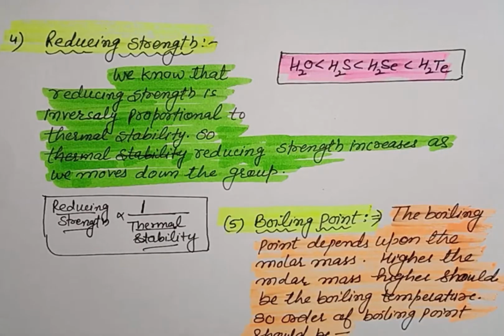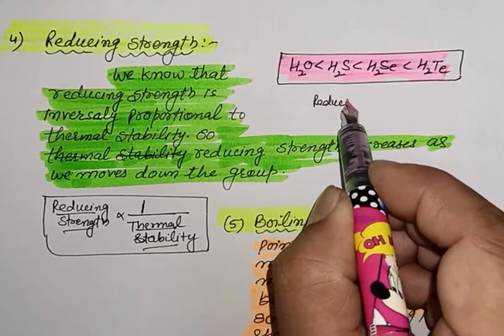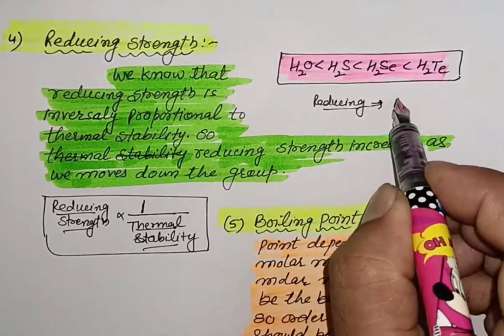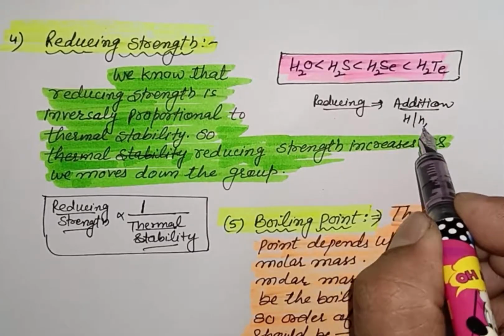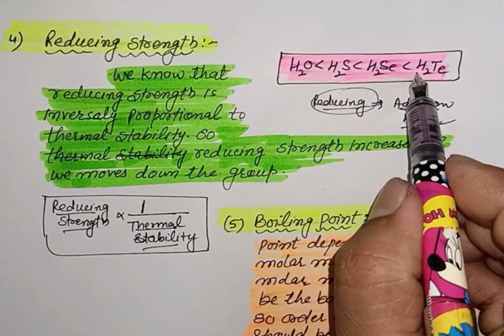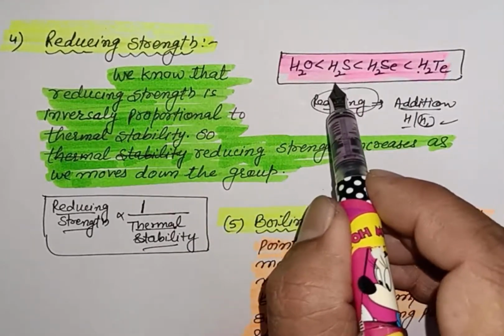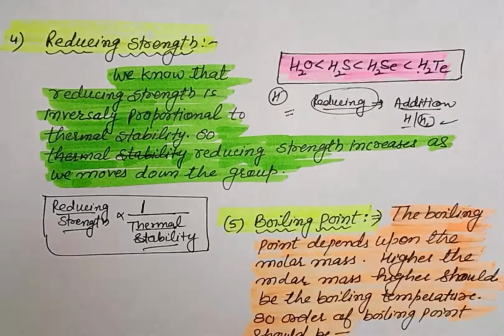Next is the reducing strength, the tendency to reduce any substance. Reduction means the addition of hydrogen. All the hydrides have hydrogen atoms, and when these hydrides dissociate, they release H and can reduce any species reacting with them.